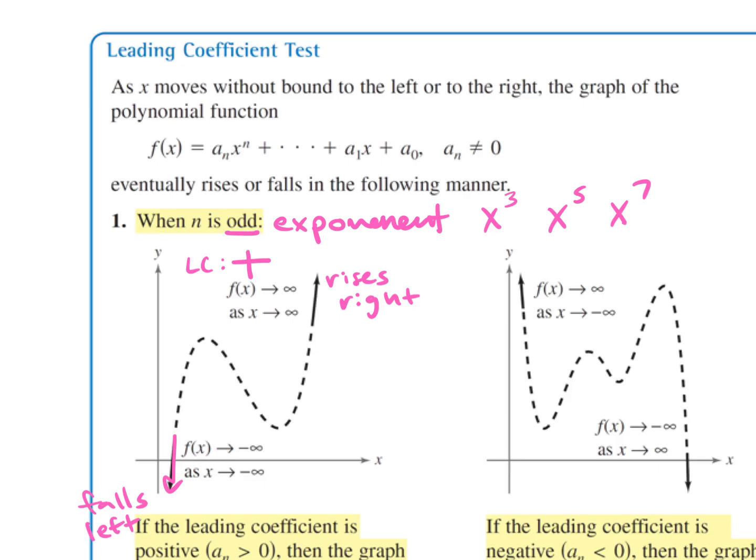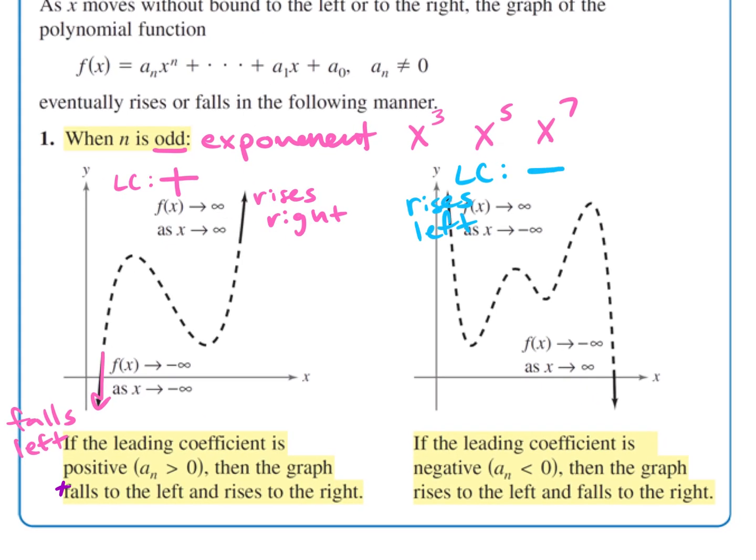If our leading coefficient is negative, it's the opposite. So it rises left and falls right.